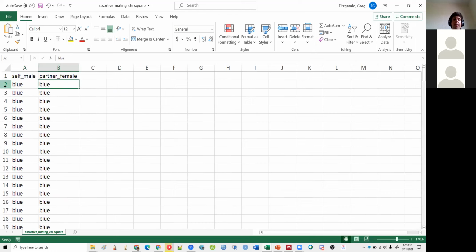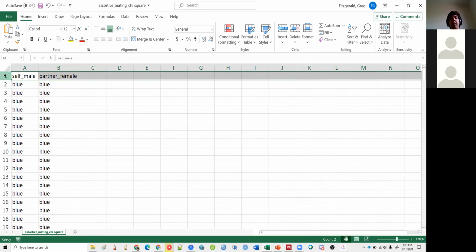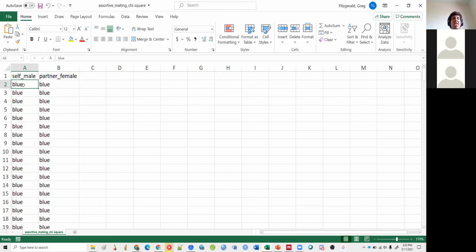This first line is just the variable names, which is common for the data sets we've seen thus far. Remember to keep the variable names as a single set of characters. Instead of a space between self and female or male, always put an underscore or a hyphen, because a lot of times JASP and other programs get confused by spaces. They think you mean to go to another column when in fact you don't.